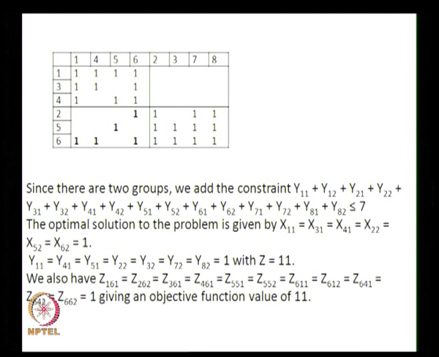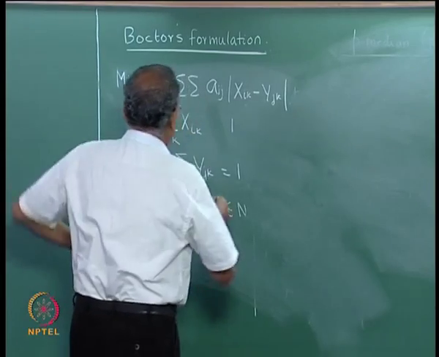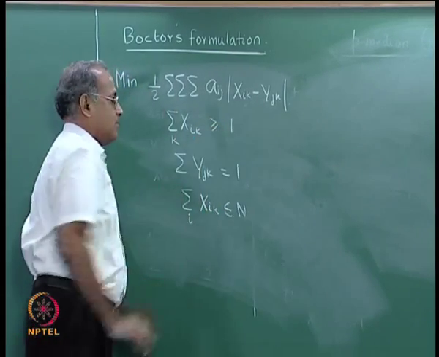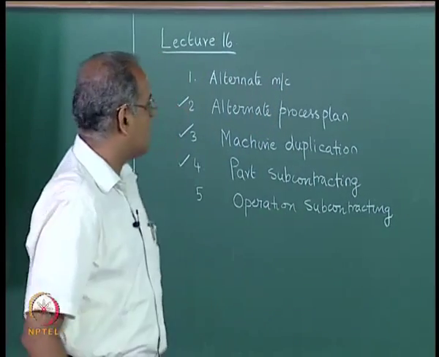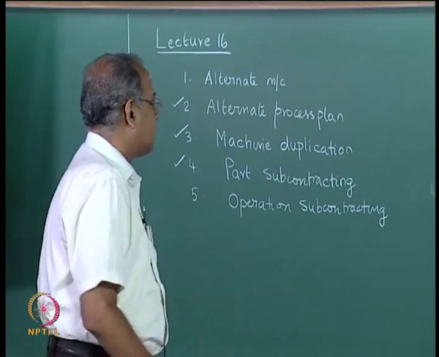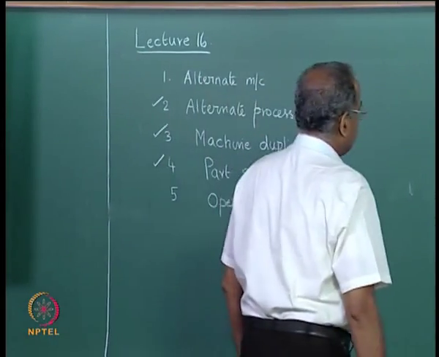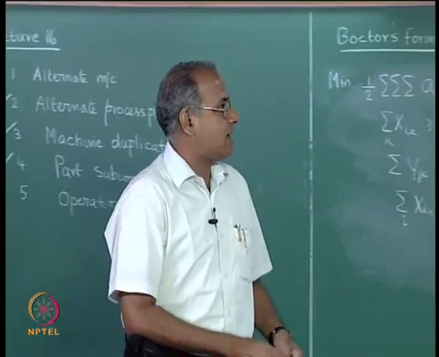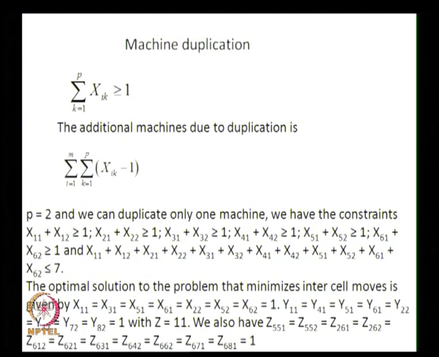So, the only thing that we have to do is we could say greater than or equal to 1, xik xjk greater than or equal to 1, that we have.